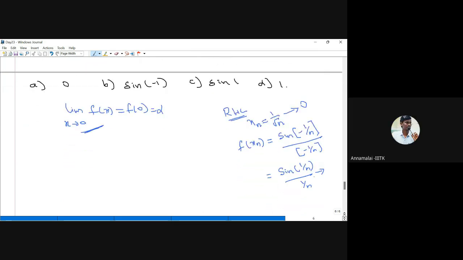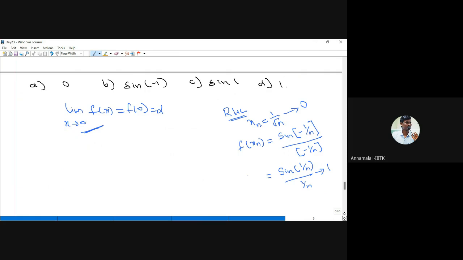Okay, but I said already sine of 1 by x also oscillates. Actually this will be sin x by x, that form. Is it 1? Yeah, this may be 1.